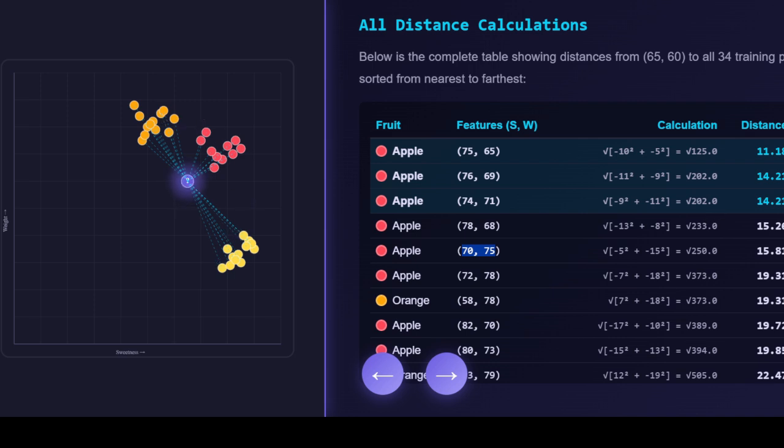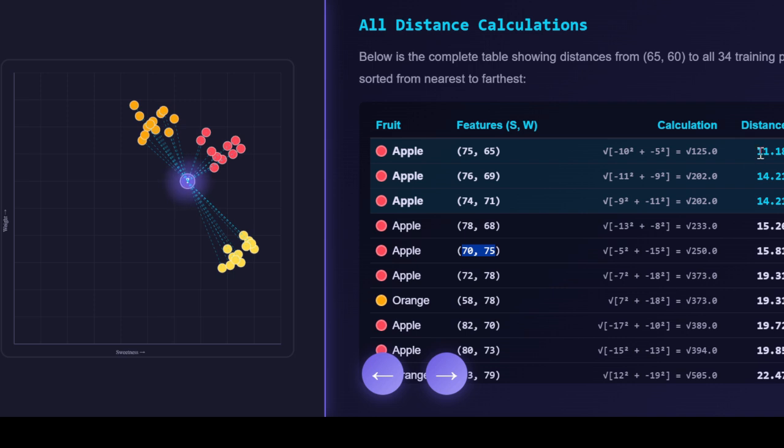I already gave the calculation: square root of (x2 minus x1) whole square plus (y2 minus y1) whole square. When we calculate this, we get the distance from test data point to train data point. As I already took k equal to 3, I want to consider the 3 shortest distances from test data point to train data points.